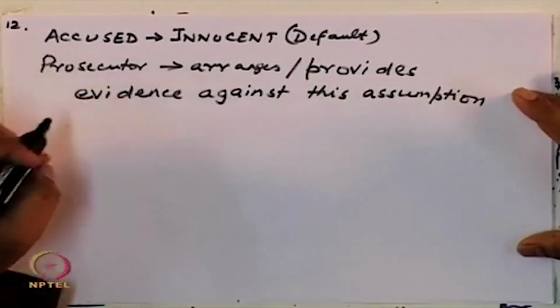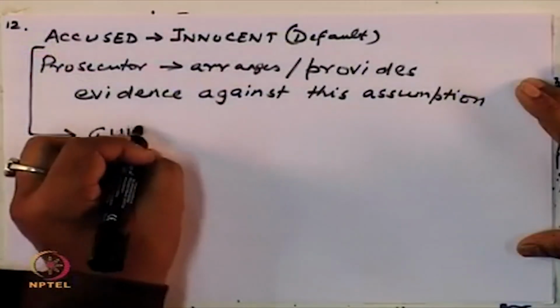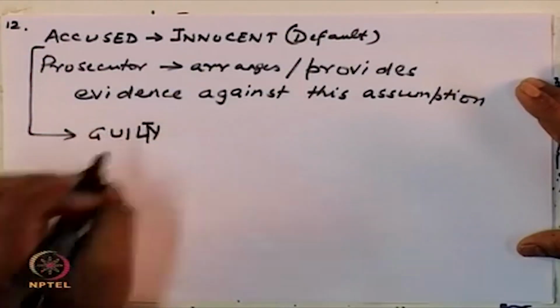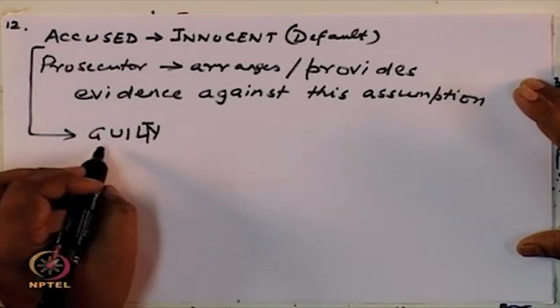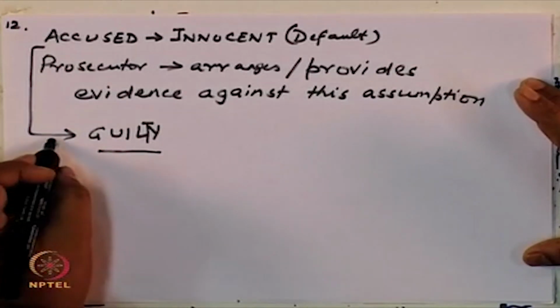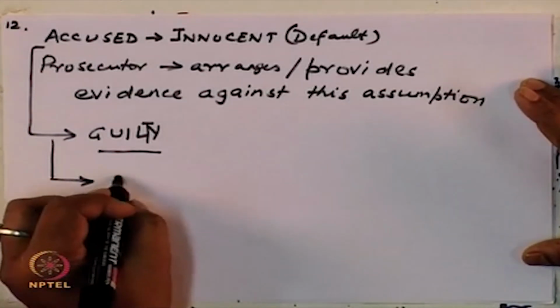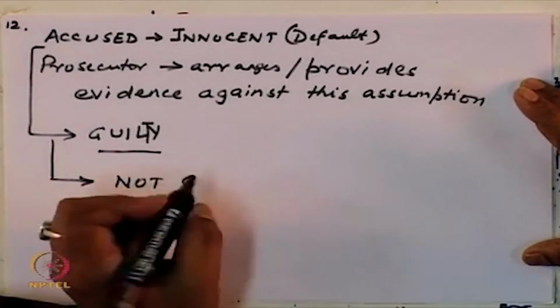If the evidence is significant, then the accused is pronounced guilty by the lawyer. But if the evidence is not substantial, then the person is declared not guilty.